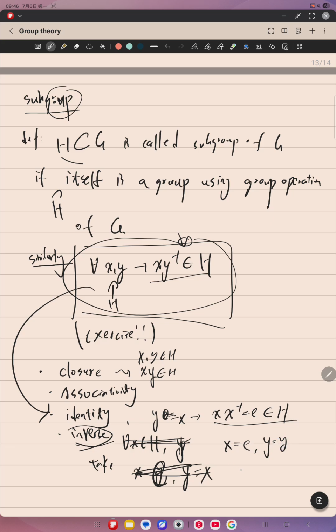Then from this condition, e y inverse belongs to H, so y inverse belongs to H. So from this condition, you already know that the identity exists and inverses exist.